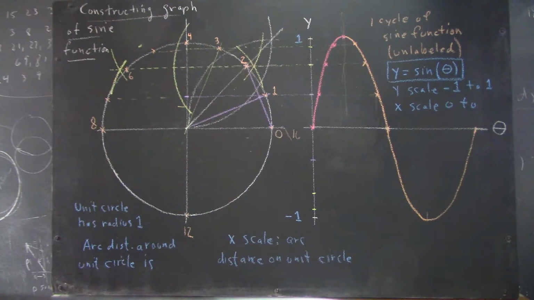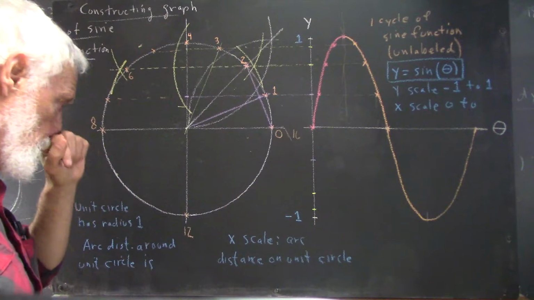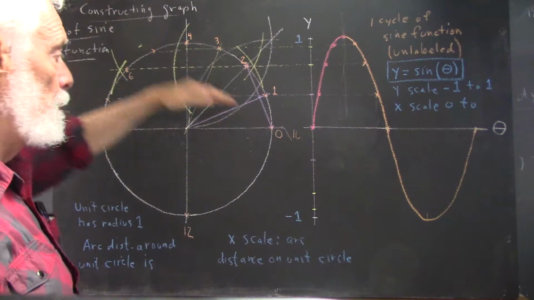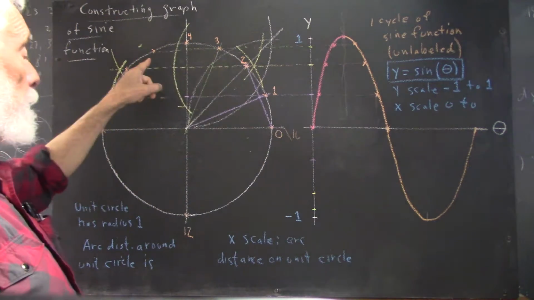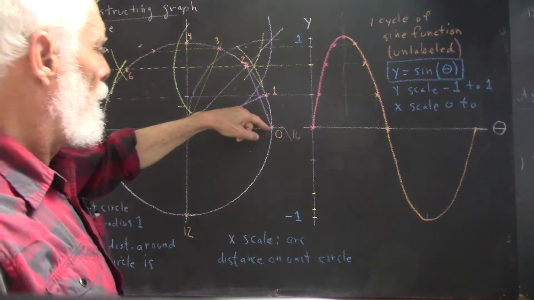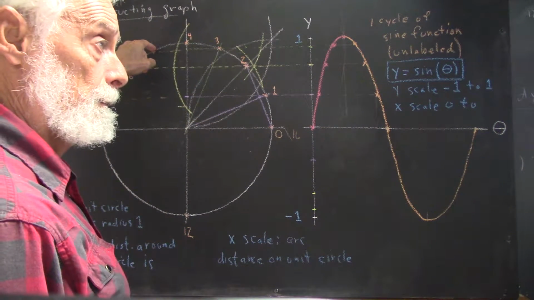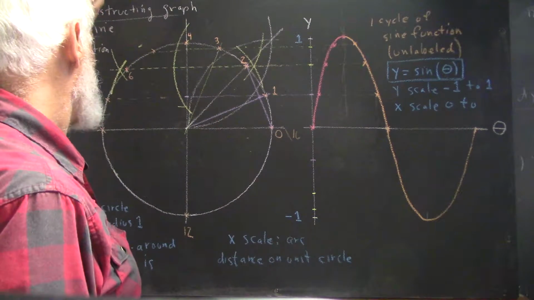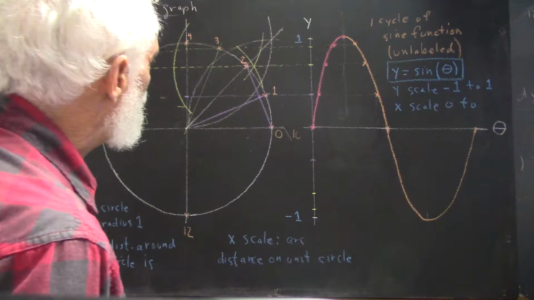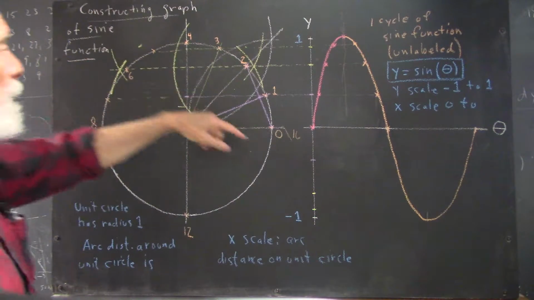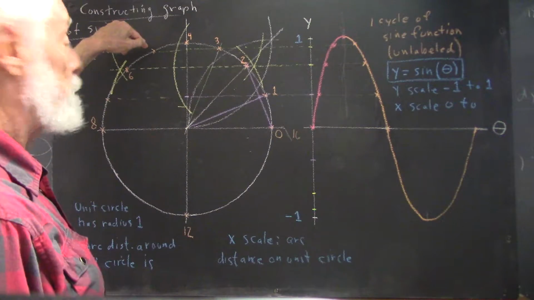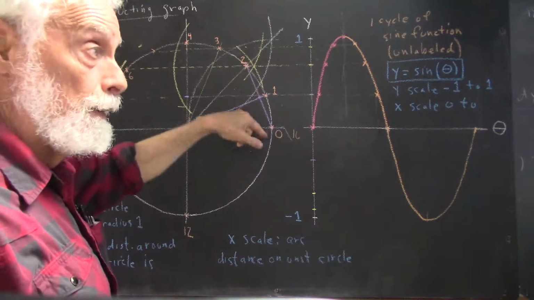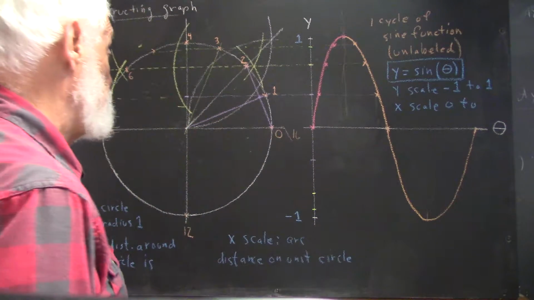Now the x scale is going to be this angle here, from here to here. We're going to identify that angle with how far we've got to go along the arc to get there. So how far do we have to go along the arc to get to this angle? Let's observe that, halfway between 4 and 6, this is our 5th angle out of 16 into which we have subdivided the circle.